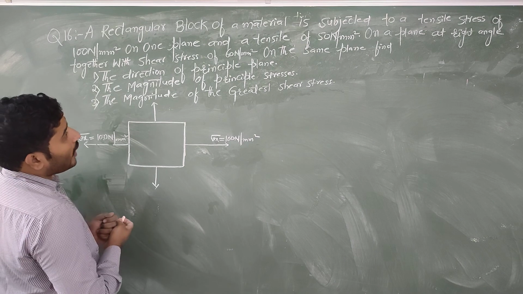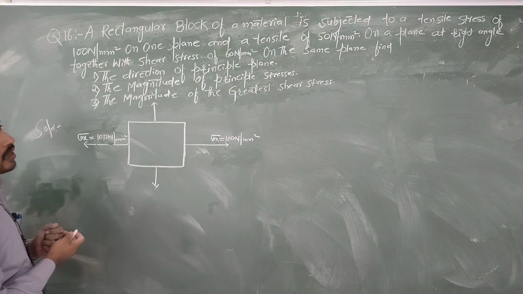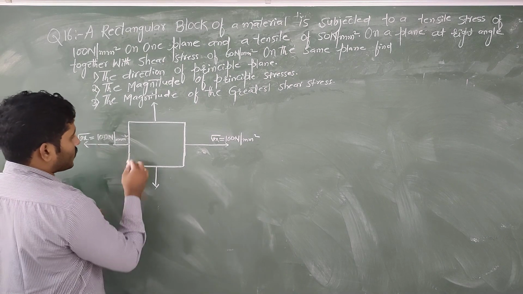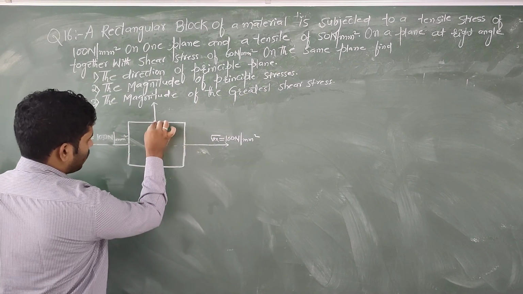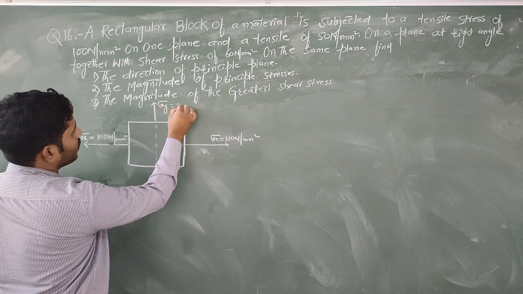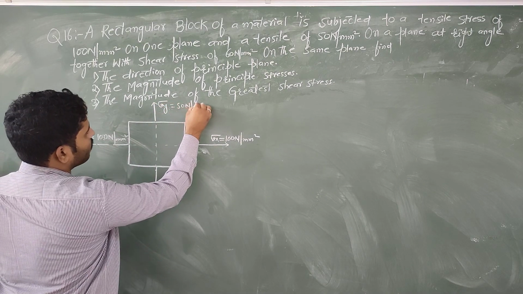Then there is a tensile stress of 15 N/mm² on a plane at right angle, together with the shear stress. Sigma y is given as 15 N/mm².